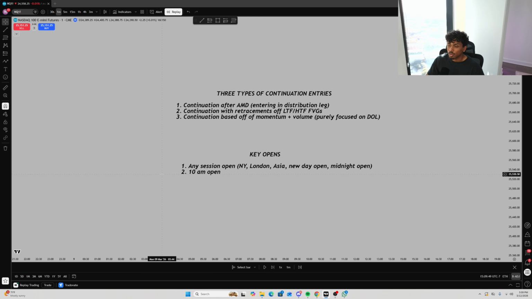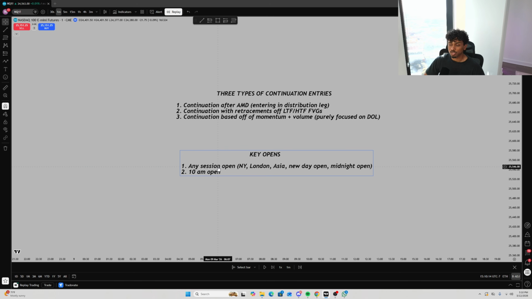Now, last thing is the 10 a.m. open. This is very important to understand. The 10 a.m. open marks the new 4-hour candle open as well, and this is where price starts to be very manipulative. So we factor this in with overall higher time frame price action and lower time frame price action, and we can understand where this 4-hour candle is going to end up going.